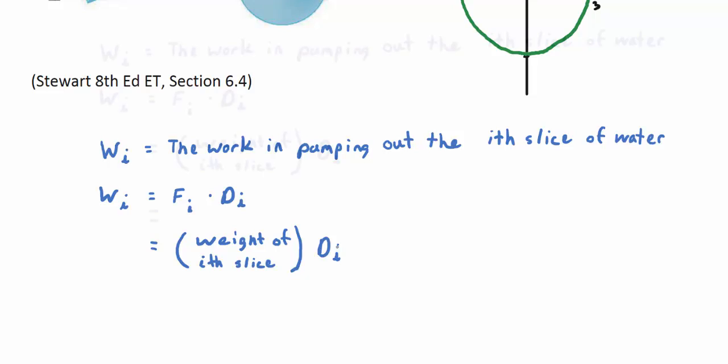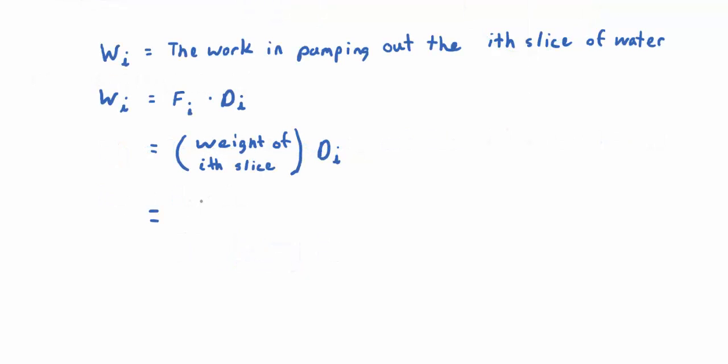Now, let's start with what you could call, I suppose, the density of water. Does anybody know what the density of water is? It's around 1,000. What would the units have to be if it's density?